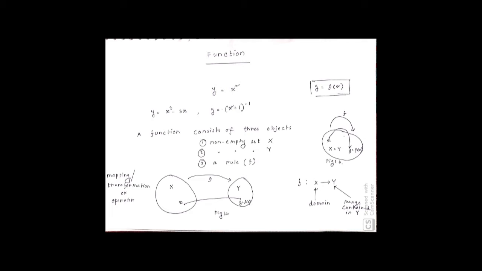The example y equals 1 by x shows that this restriction is much too severe, as this function is defined only for non-zero values of x. Similarly, you can take y equals log x. It is defined only for positive values of x.